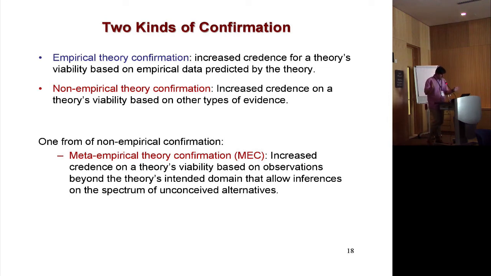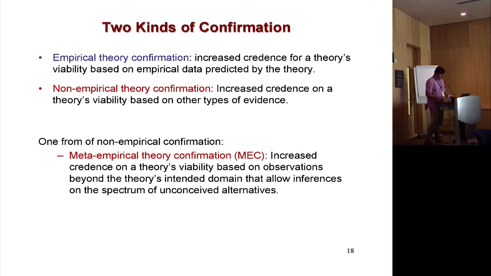So this would be the first form of confirmation, and the second form would be what I call non-empirical confirmation, which increases the credence in the theory's viability based on some other types of evidence. So evidence that is not in the intended domain of the theory, so it's not of the kind that can be predicted by the theory.